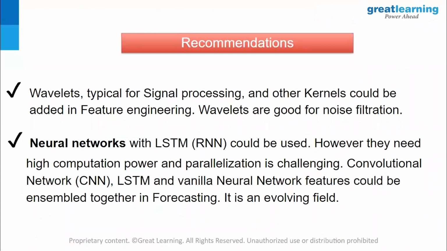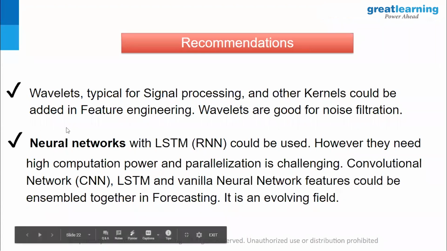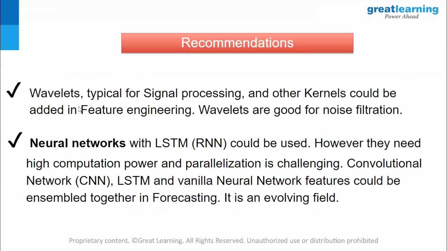Now, as I told you, this is an area which is picking up quite a lot of interest, not only in the real world but also in the research field. So people are experimenting with a lot of different kinds of features. For example, I've seen some papers where people have experimented with wavelets or some sort of kernels specific to the problem they're dealing with, and they actually add value to the outcome.